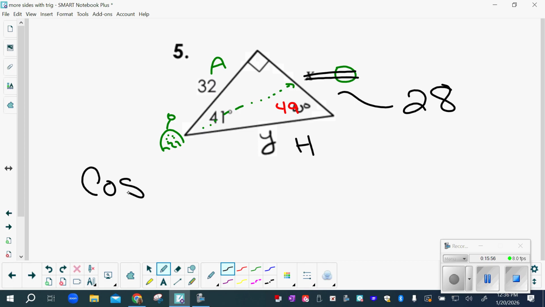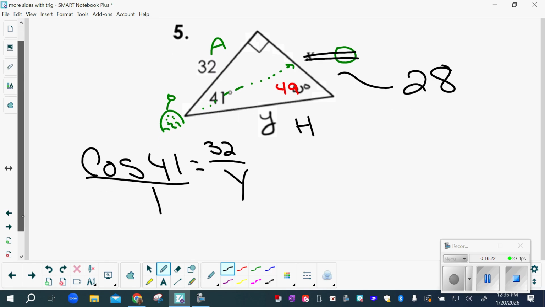Love that. It's cosine 41 equals adjacent, which is 32 over y. This is the flip-flop one where I don't like y on the bottom, so we're going to have to do that weird flip-flop. Try that with your neighbors right now. The y comes up, the cosine 41 goes down.